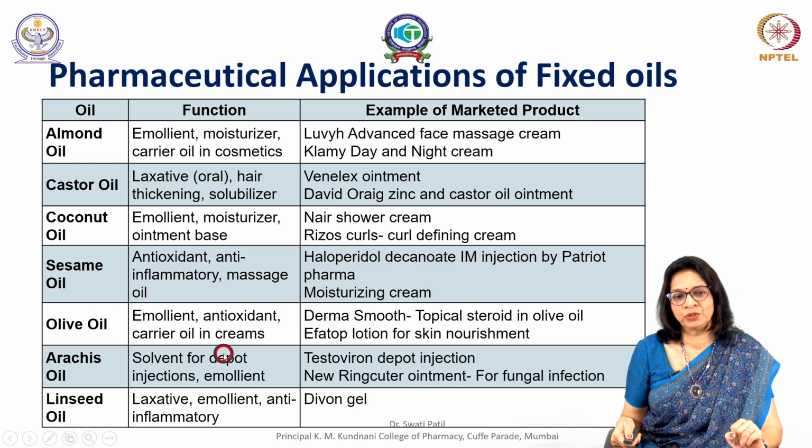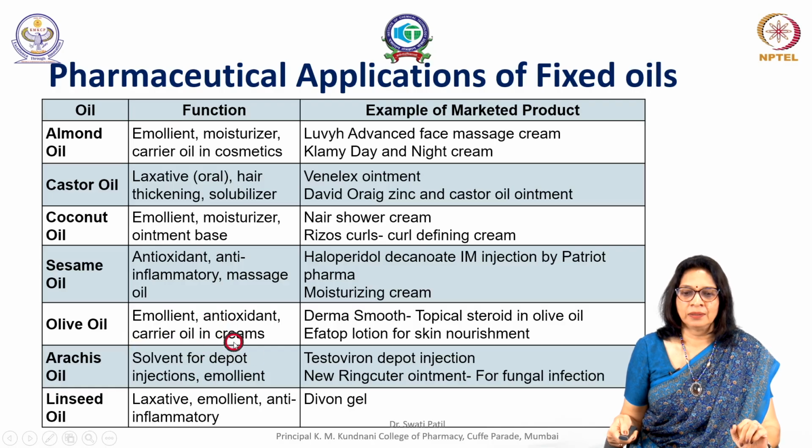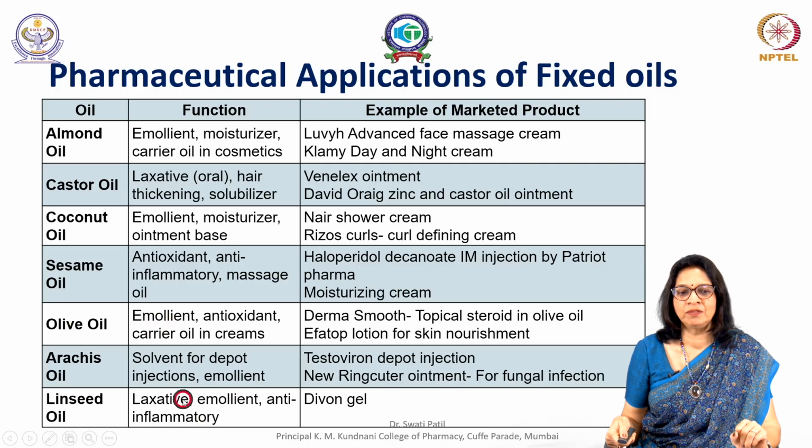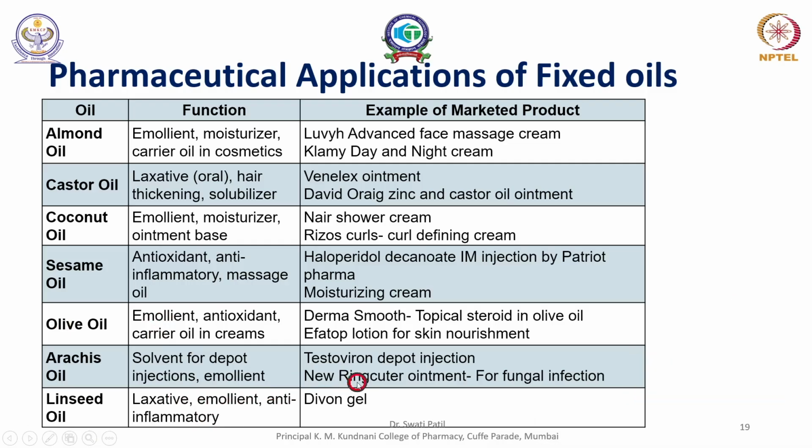Arachis oil is used as a solvent for depot injections, on the skin, or as an emollient. These are the examples where arachis oil has been used, and linseed oil, which is used as laxative and emollient, is used in a marketed product called Devon gel.